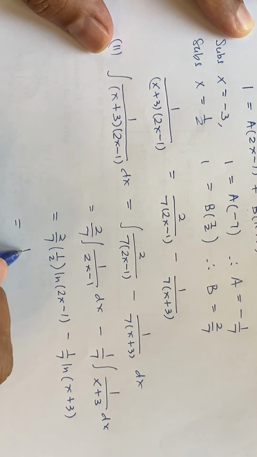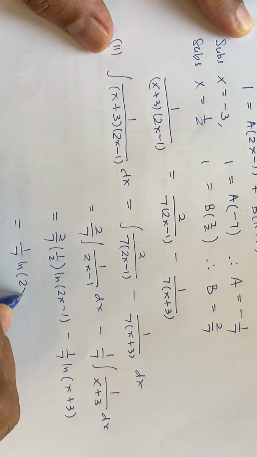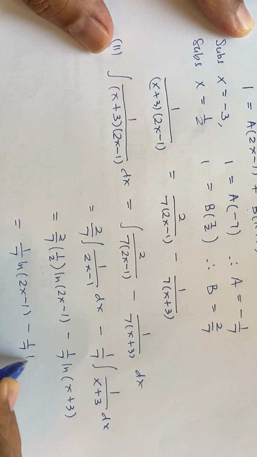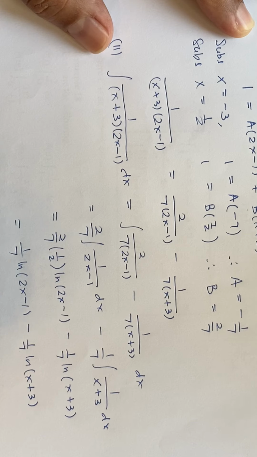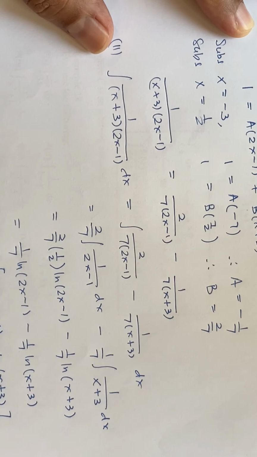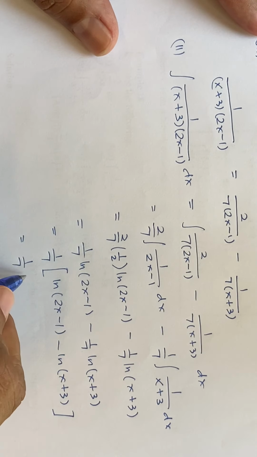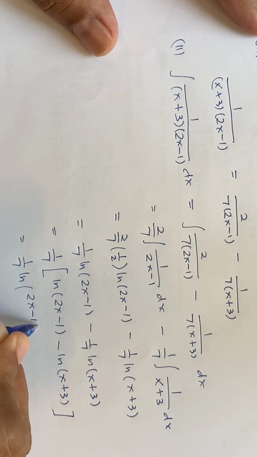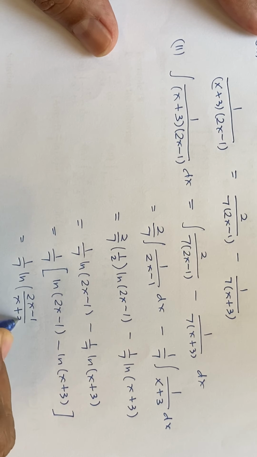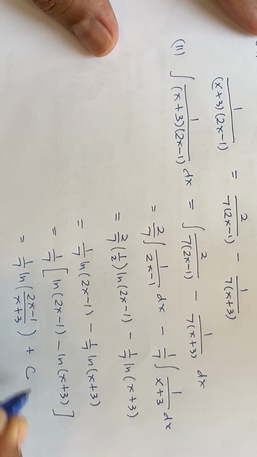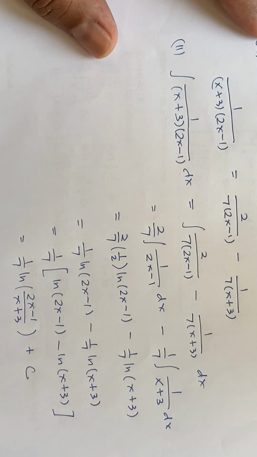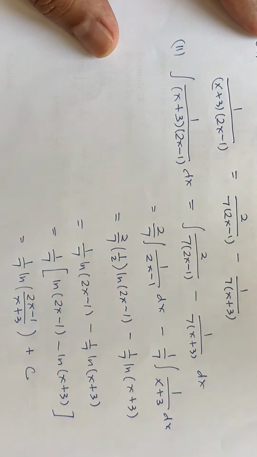So we are going to simplify this. 1 over 7 is common, and using a rule of ln, we know that this is going to be ln of 2x minus 1 over x plus 3. Of course there's a plus c. So this is how we do example 19. Thank you very much.